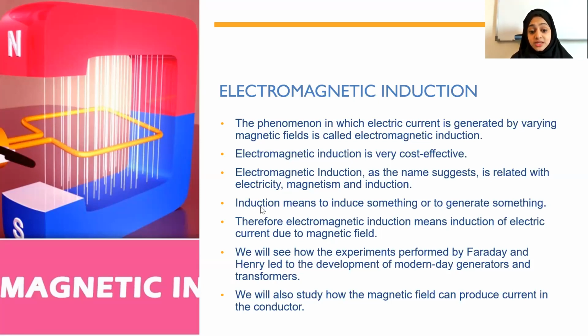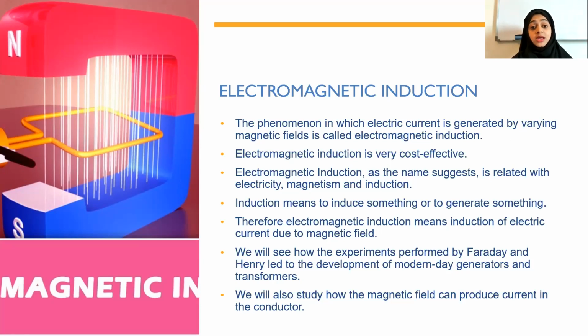So for induction, it means to induce something or to generate something. Now, therefore, electromagnetic induction means induction of electric current due to magnetic field. That is, production of electric current by magnetic field. It should be varying magnetic field, don't forget that. We'll see that in detail.